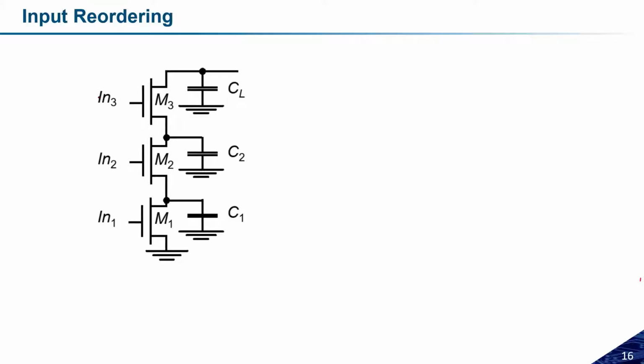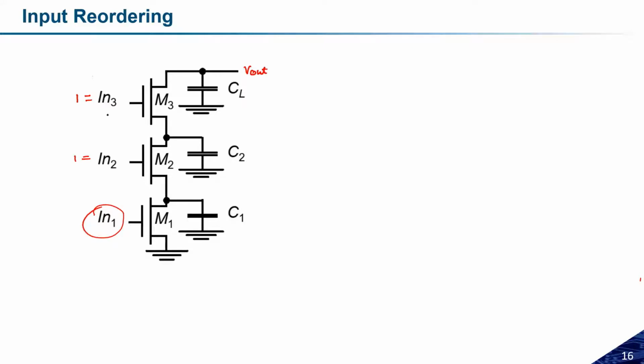Let us assume input 2 and input 3 are already kept at 1. What it means, transistor M3 and transistor M2 are in on state. Now whatever output we are assuming at this point, this output now depends on the switching activation of this transistor, this input I1.